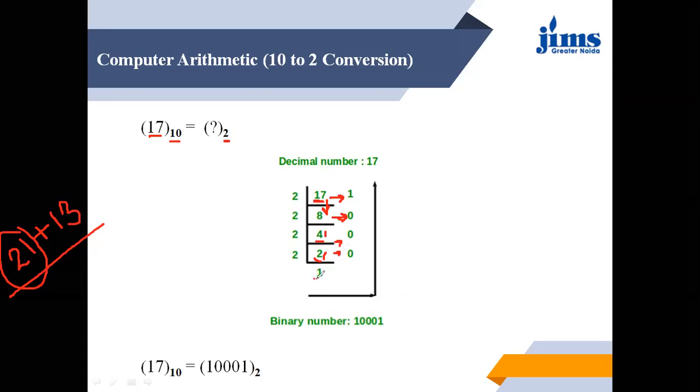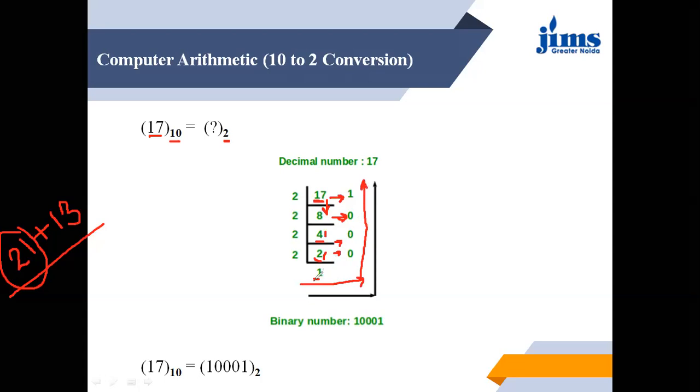So this is the way to represent a binary number: we start from the bottom and then read from bottom to top, and this is the binary equivalent.